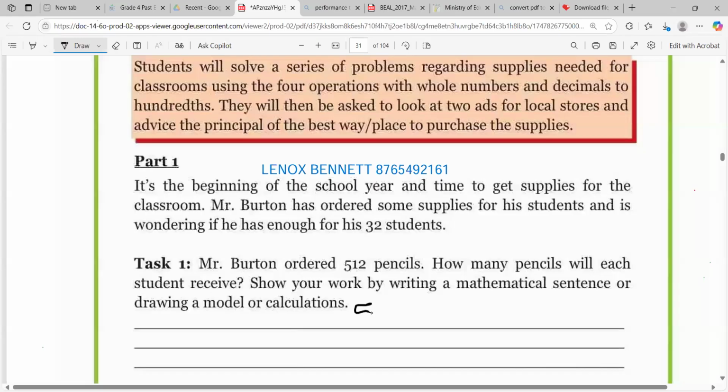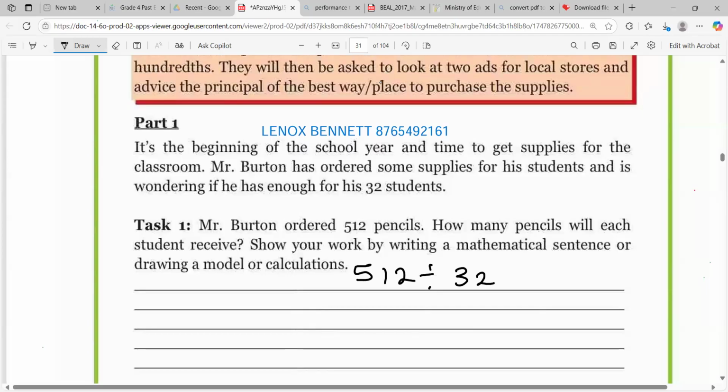So you say 512 divided by 32. You want to walk us through the process? Show them how you divide it. So sir, you're going to say 512 over 32, as a fraction.